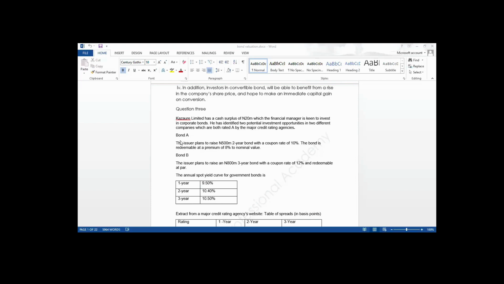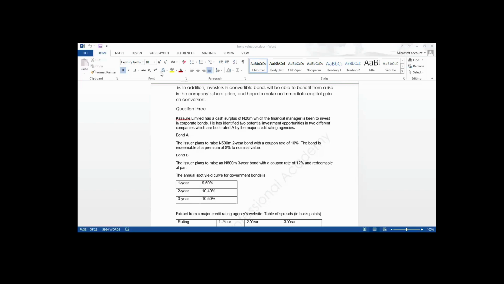Bond A. The issuer plans to raise 500 million. 2-year bond with a coupon rate of 10%. The bond is redeemable at a premium of 8% to nominal value.